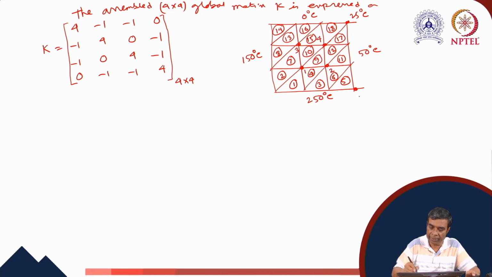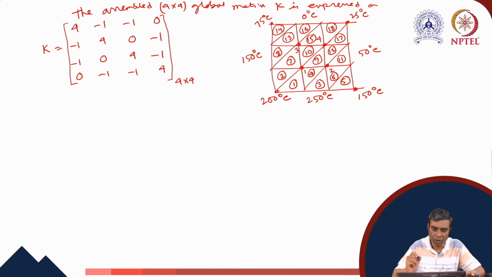Here we can write it as 150 degree centigrade, as the average of 250 and 50. Here we take 200 degrees centigrade as the average temperature, and at the top left corner we can take it as 75 degrees centigrade.